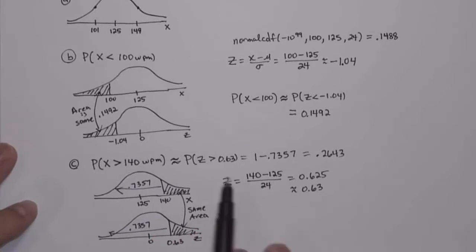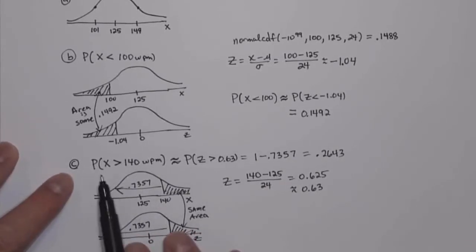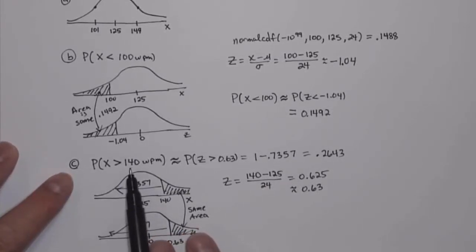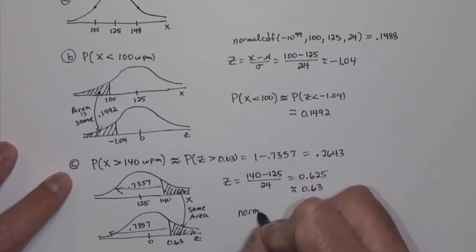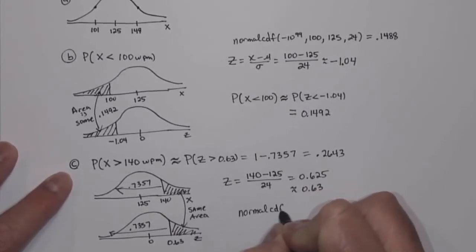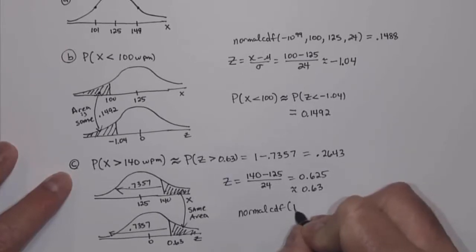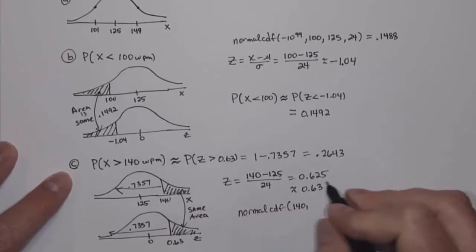In the same way, I could do this problem. In part C, we wanted to find the probability of selecting a 6th grade student that reads more than 140 words per minute. So again, with my calculator, I could do normal CDF. This time we have a left bound of 140.